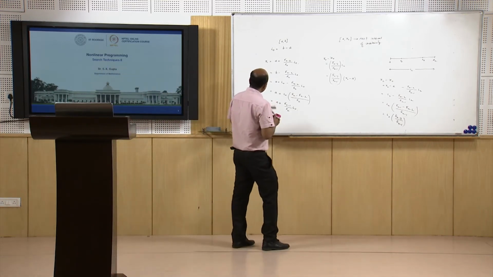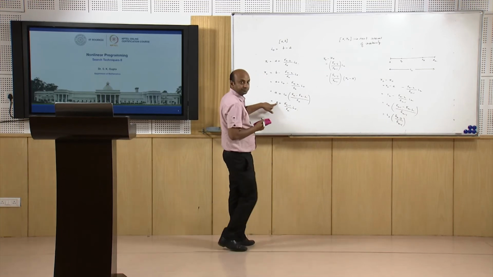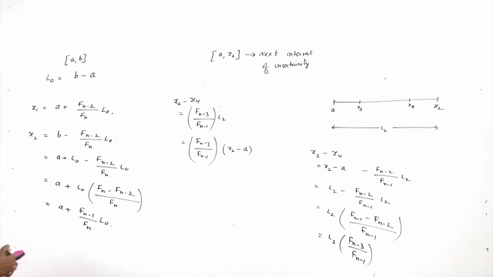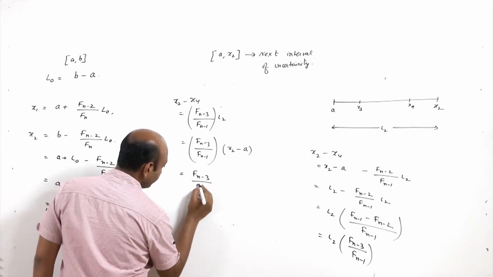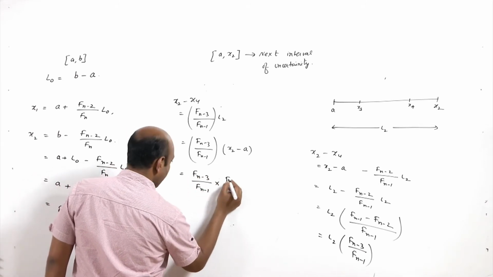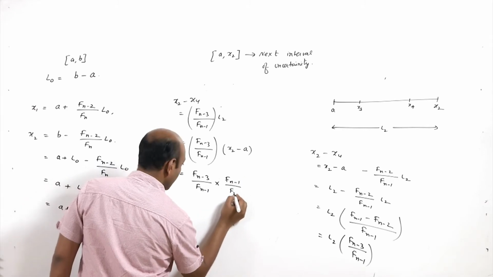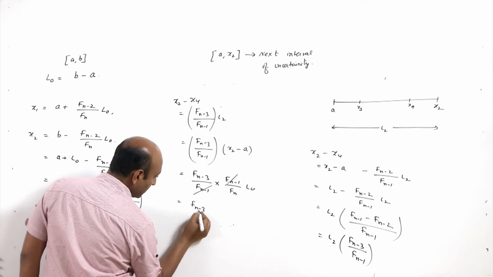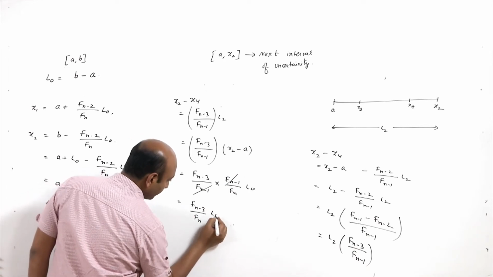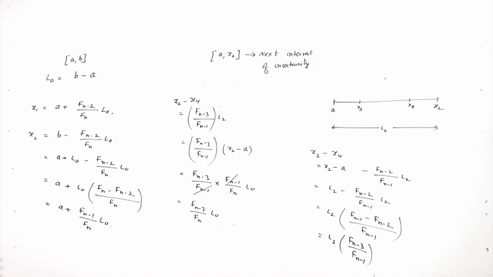Now, what is x2 minus a from here? x2 minus a from here is fn minus 1 upon fn into L naught. So, this cancels out and it is fn minus 3 upon fn into L naught, and which is equal to x2 minus x1.